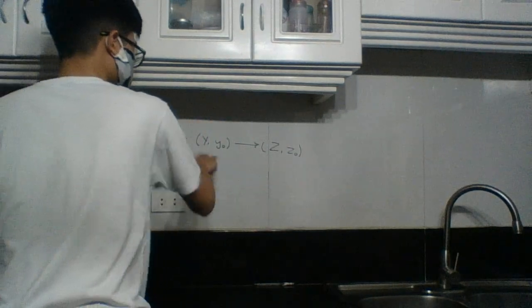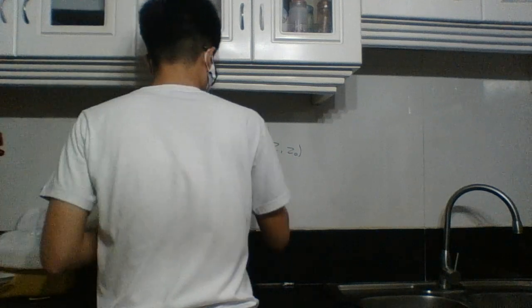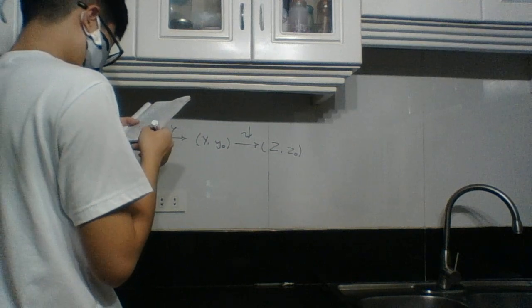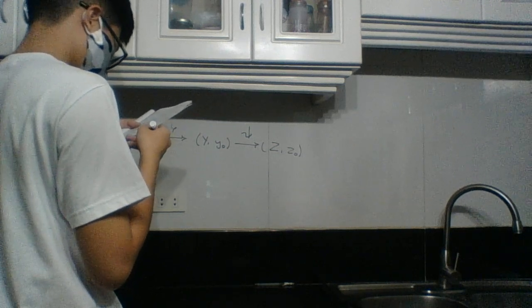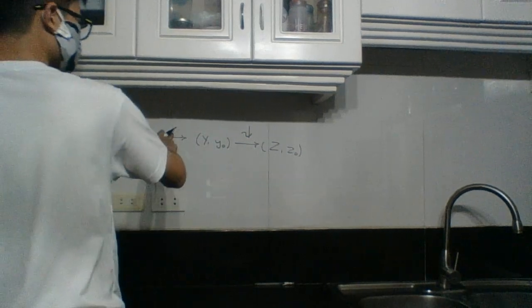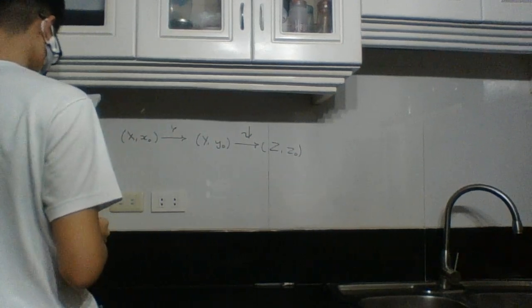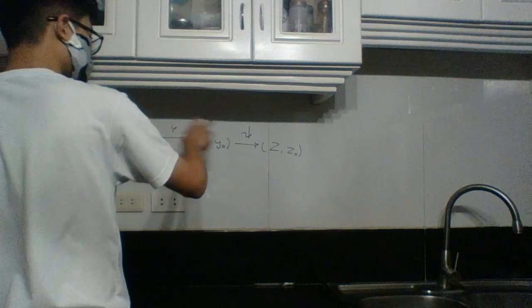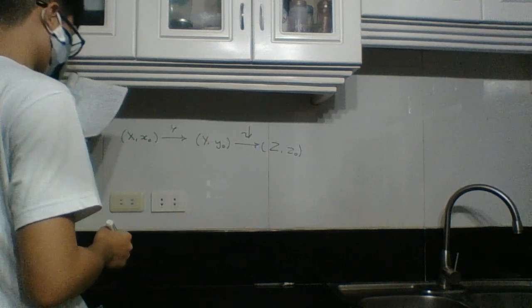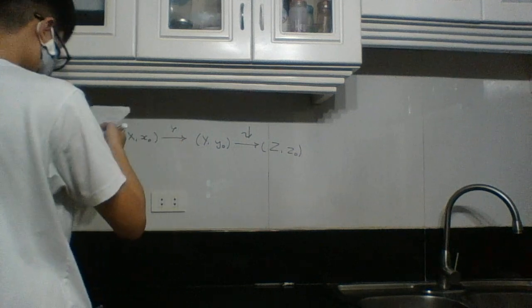So if this is taken to this via phi, and this is taken to this via psi, so these guys could be any class of homeomorphisms here. So we index the members of these classes, or any homeomorphisms, by an asterisk.